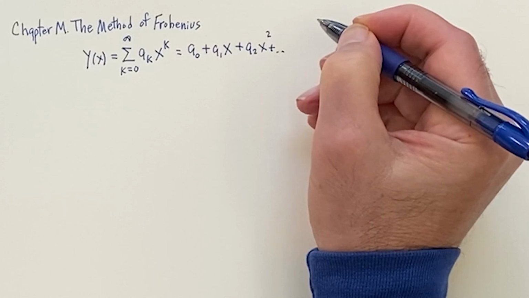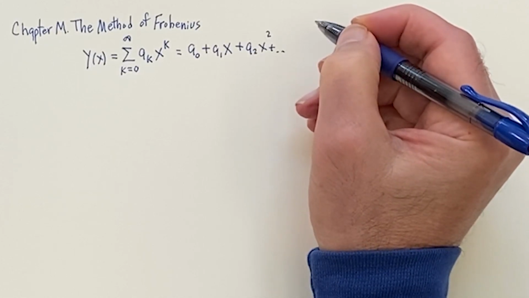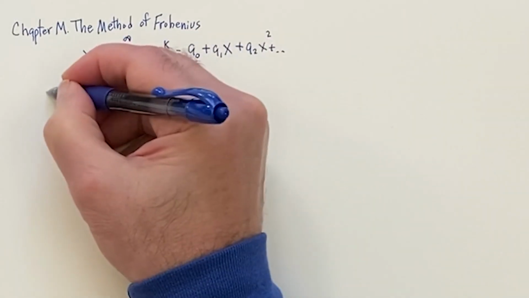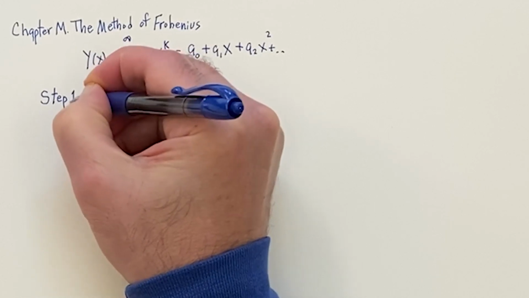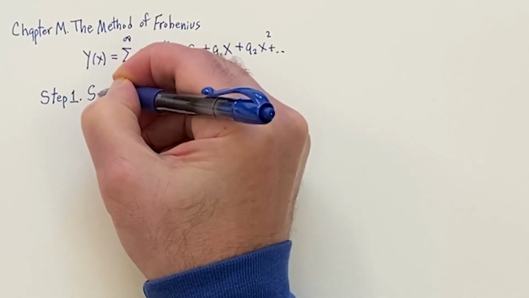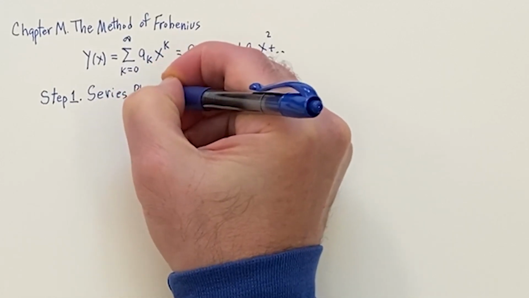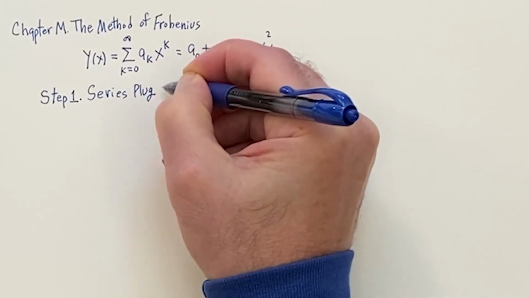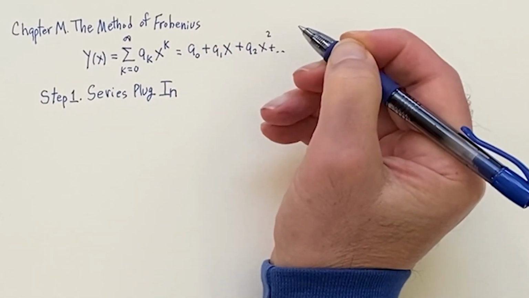Now I'm going to give you 4 steps in doing this kind of a problem. And I'm going to give them names. Step 1, I'm going to call that series plug-in, or just plug-in. You plug in the series to the differential equation.